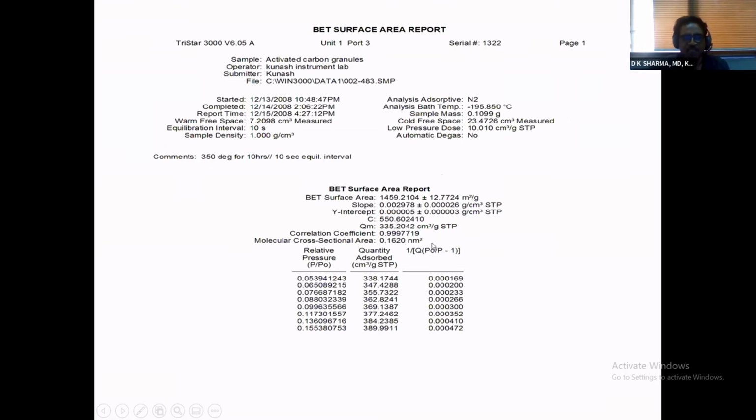This is a good case to show that although the y-intercept is positive and C is positive, look at the monolayer capacity, 335. And what is the quantity adsorbed here? The quantity adsorbed range is 338 to 389.